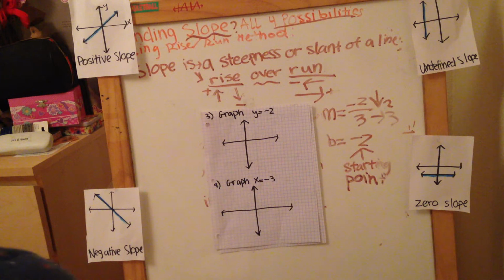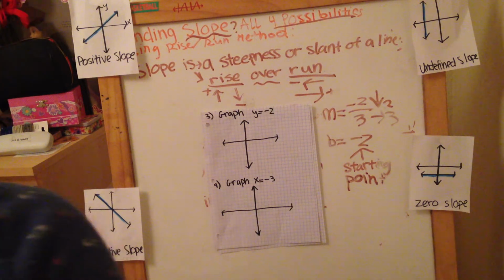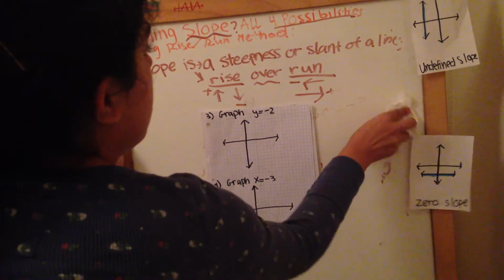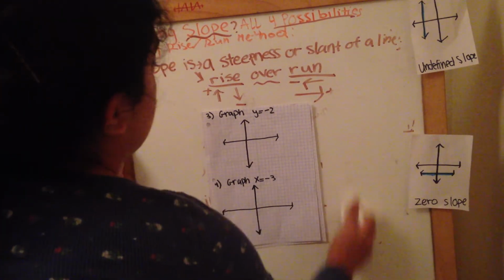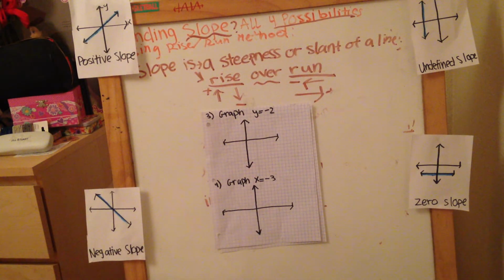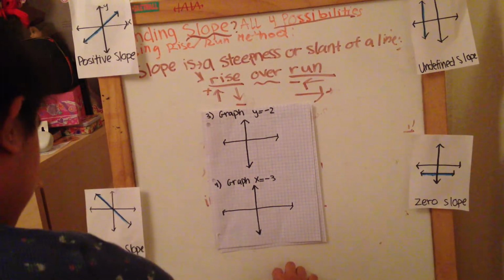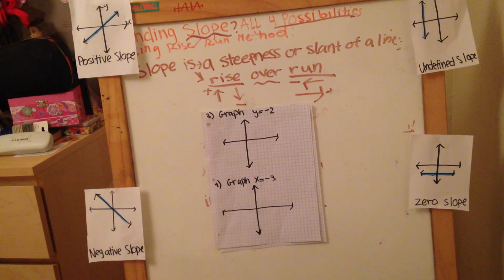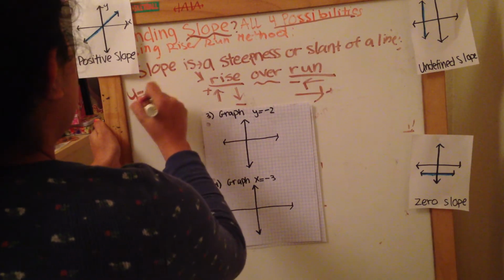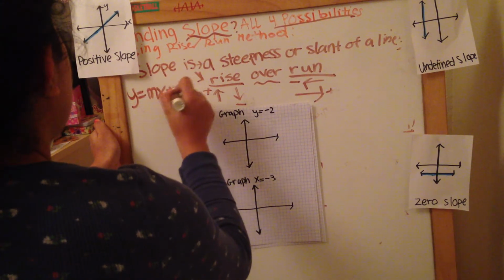Graph y equals 2, and graph x equals negative 3. Remember, y equals mx plus b.